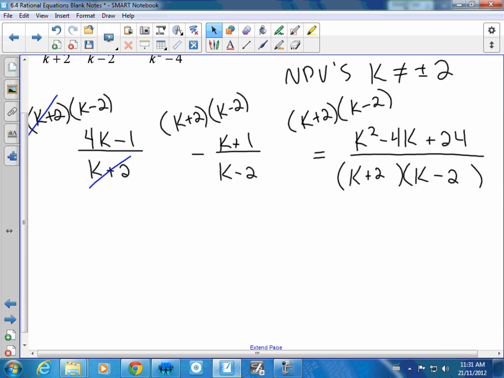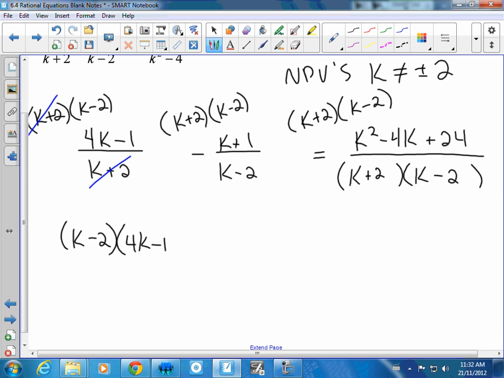You're left with k minus 2 and 4k minus 1, but 2 binomials. What do you think you're going to have to do with that one when you're done? You're going to have to do FOIL, right? Because you're going to have to end up with a trinomial so you can collect all these. But for now, I'm just going to write the 2 of them. So k minus 2, 4k minus 1. The nice thing about that is, did we get rid of the denominator of this rational? Yeah.